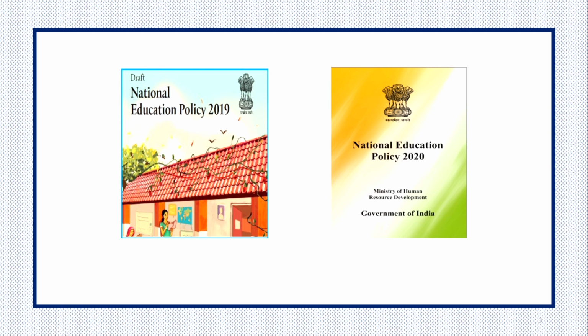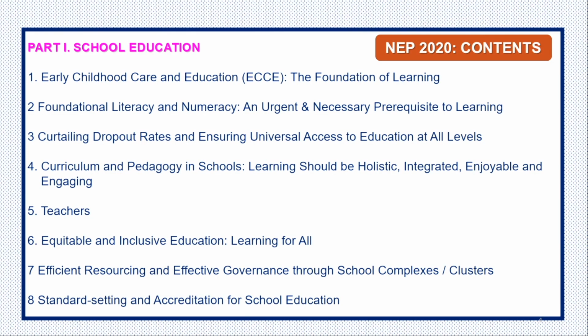Now, what is there in NEP 2020? If we look at the contents, it is divided into 4 parts. Part 1 is about school education, which starts from early childhood care education, then foundational literacy and numeracy, then curtailing the dropout rates and ensuring universal access to education at all levels.